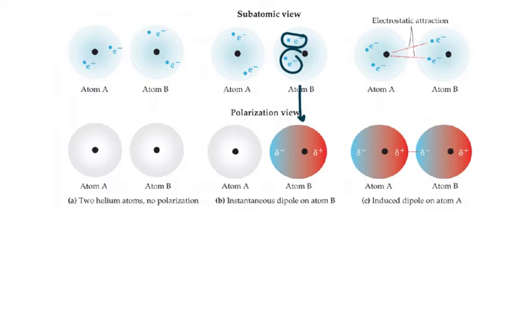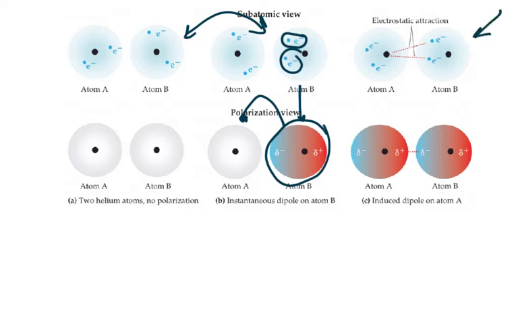Now we call this an instantaneous dipole because it happens for a split second and it actually reverts back to normal. So this thing is going back and forth. It becomes polarized for a split second, then it goes back to normal. Now, here's what's interesting. When atom B becomes polarized, which we call an instantaneous dipole, it has an effect on its neighbor, which is atom A. Notice what the effect is going to be. If you look at the third diagram over on this side, notice that atom B is already polarized, but look what it's going to do.